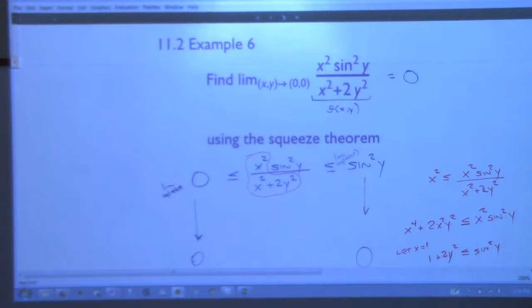No. Because what if y is 1? Then this side's 3, right? 3 is not less than sine of anything. Sine is bounded between -1 and 1, so this wouldn't work. Do y'all see what I'm saying? I think I found an example of why this wouldn't work.